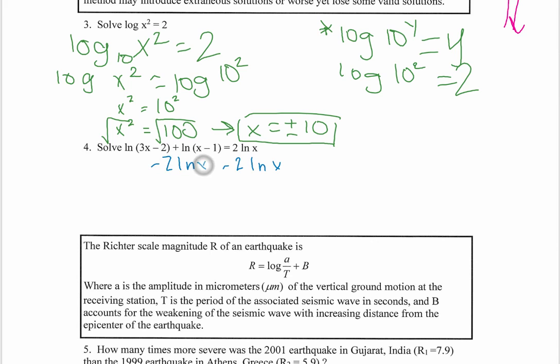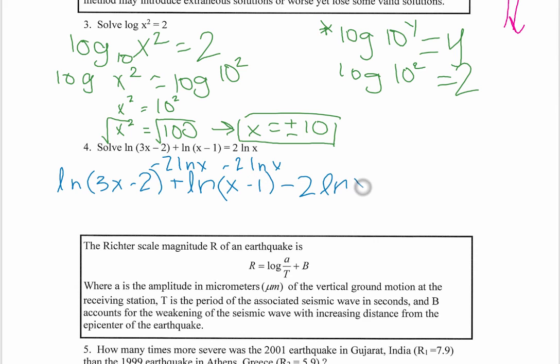which gives me my entire equation as the natural log of 3x minus 2 plus the natural log of x minus 1 minus 2 times the natural log of x is equal to 0. Now we could try to solve that algebraically. I'm not going to make you do that. It's pretty complex and we don't need to do that.